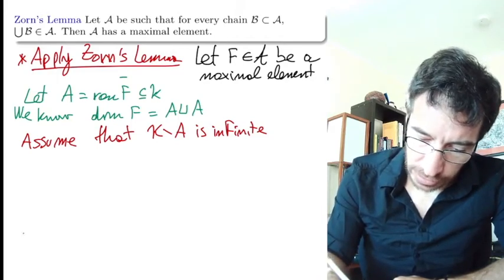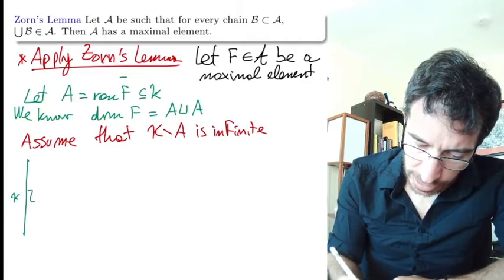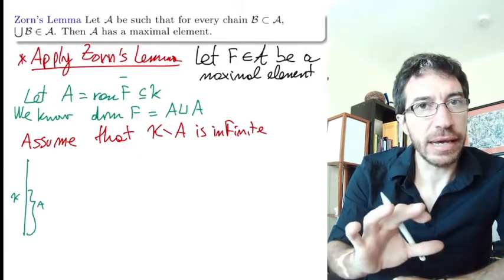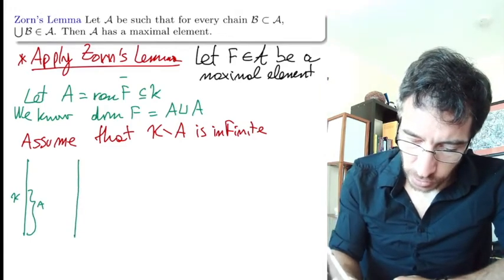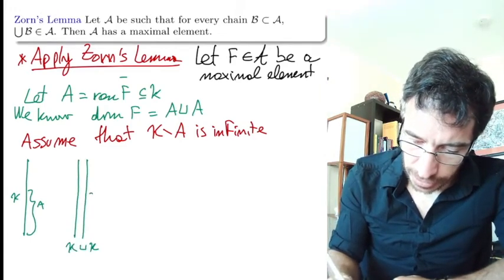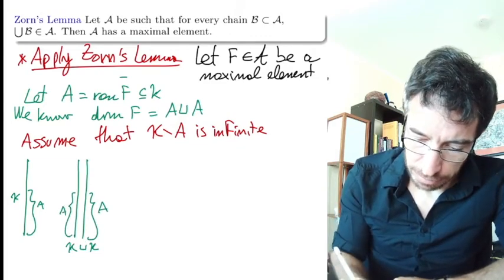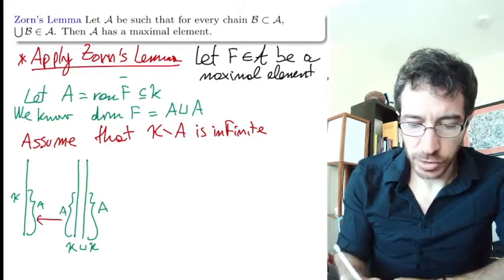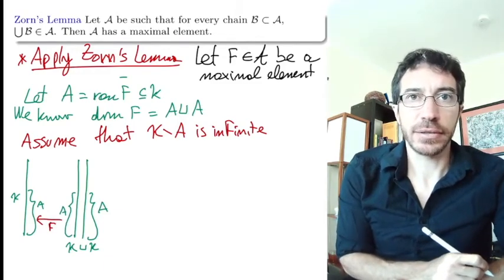Here is kappa, and here is A, and what's left is infinite. On the other side we have kappa union kappa, and here is A, and here is A again. And we have our function f that maps A union A to A, but leaves the rest untouched.